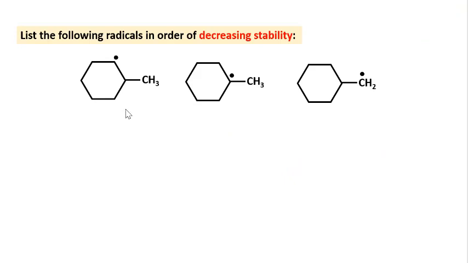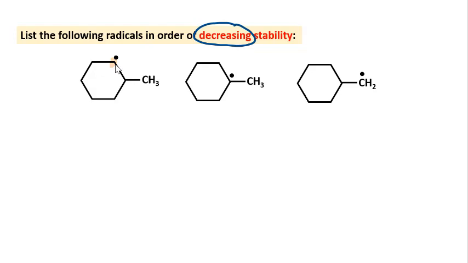So let's have a look at this example. List the following radicals in order of decreasing stability. So first, let's check the type of carbon radicals that we have here.